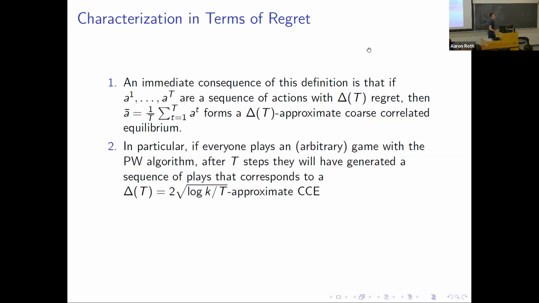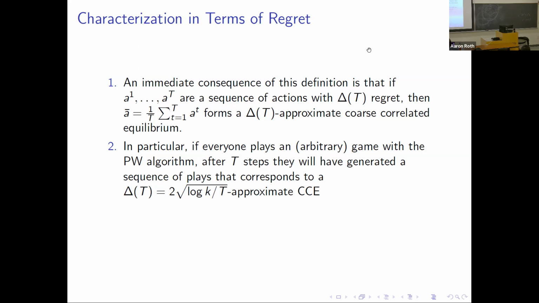And if everyone does it, everyone's regret goes to 0 at that rate. And we get a sequence of action profiles that has regret going to 0 at this rate. Regret to the best constant strategy modification rule, which we now realize defines coarse correlated equilibria.